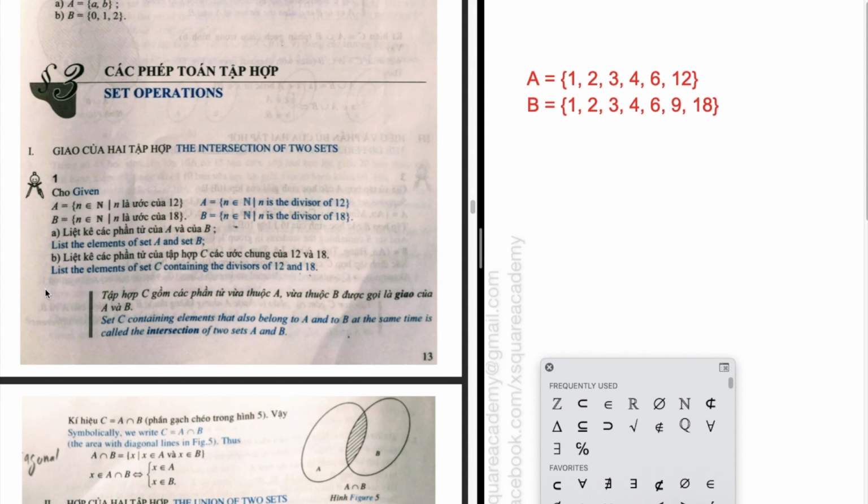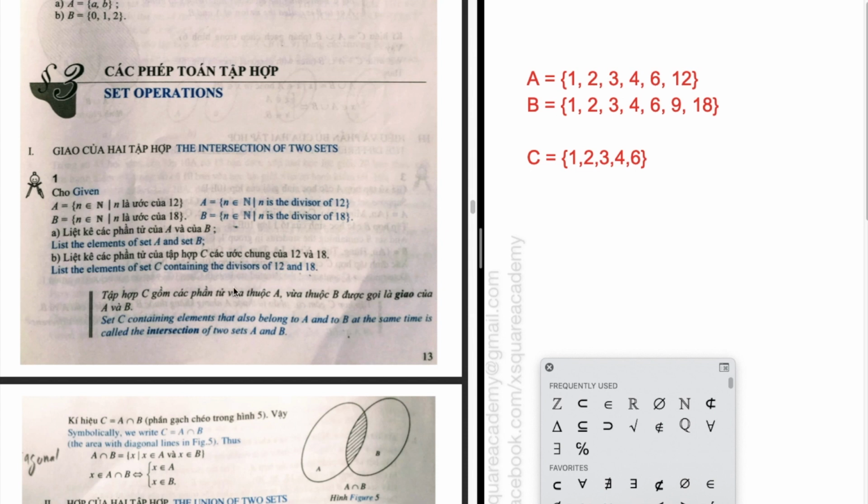And set C contains 1, 2, 3, and 6, because they are the common divisors of 12 and 18.